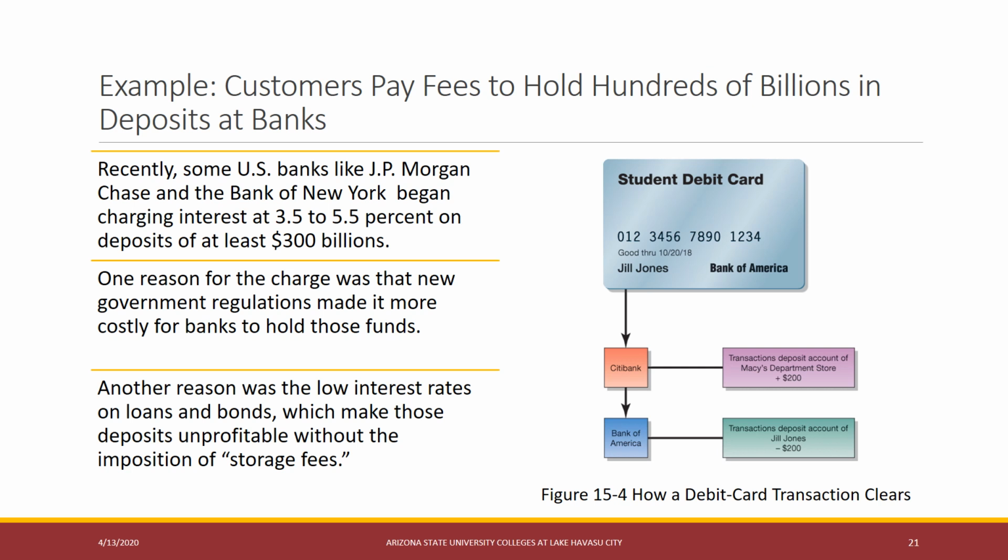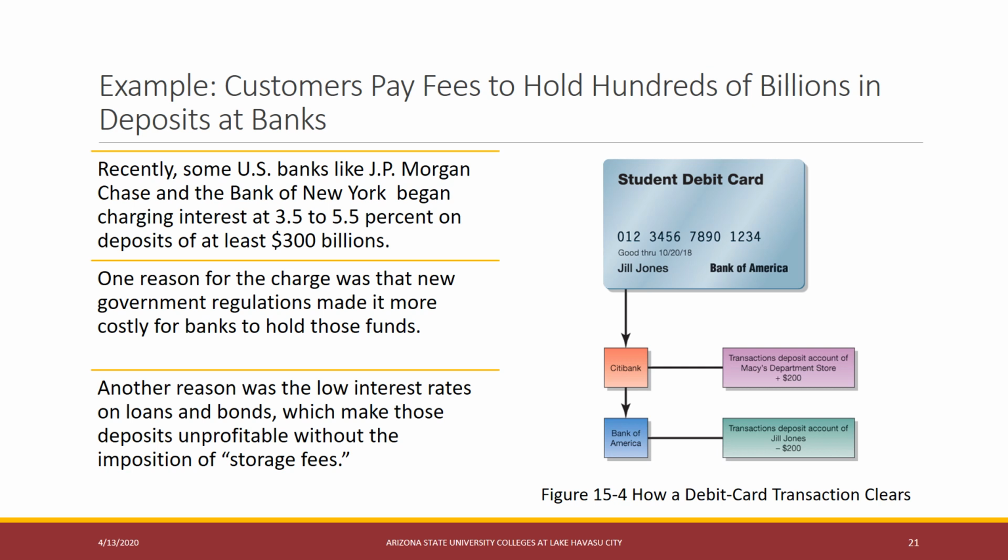One of the reasons for this charge was that the new government regulation made it more costly for the bank to hold those funds. Another reason was lower interest rates on loans and bonds, which make the deposits unprofitable without imposition of the storage fees.